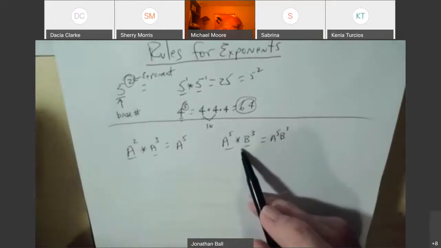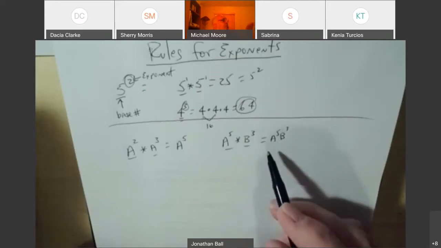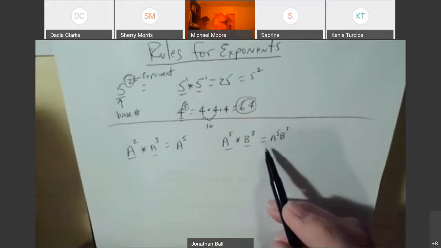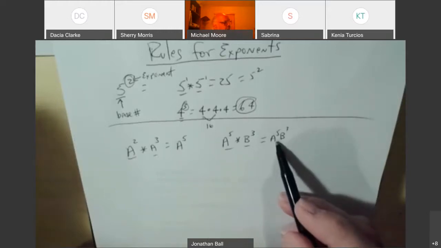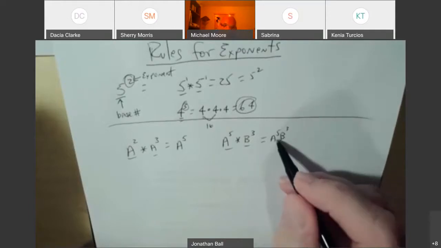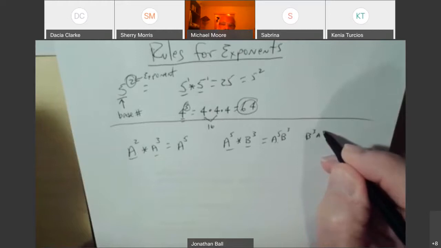Now, the proper way to write this, I'm not going to be real critical about this, but you are going to find somebody at some point in your lives, at some part of your academia, that will require you to do this the right way. Does it make any difference whether we go b cubed a to the 5th?